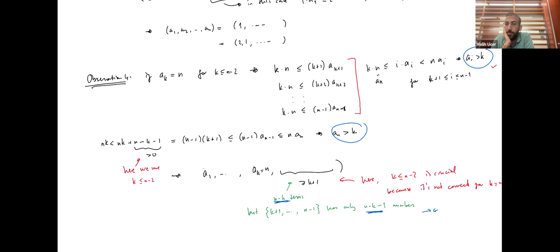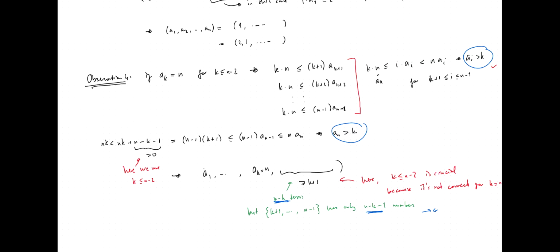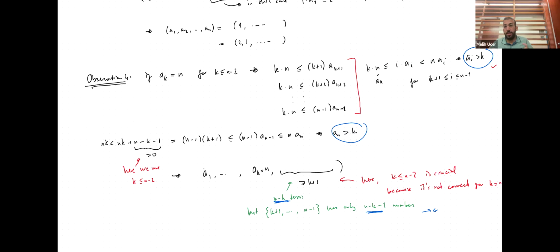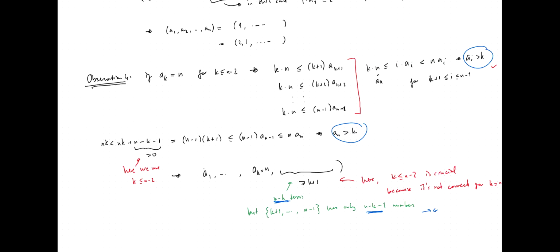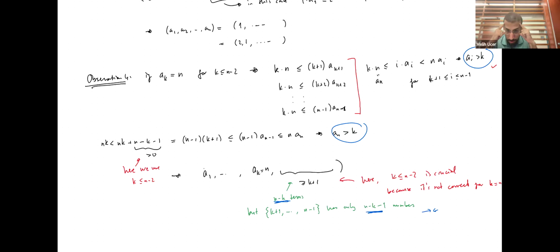What's your induction hypothesis statement? I mean strong induction, because we assume for n minus 1. No, I'm saying the statement you are proving is that the number of permutations is the Fibonacci number.